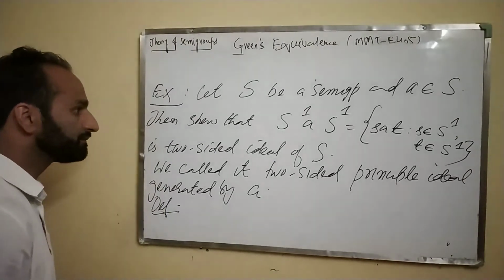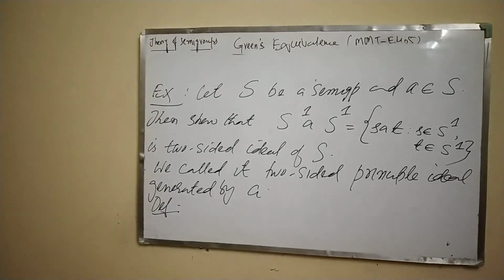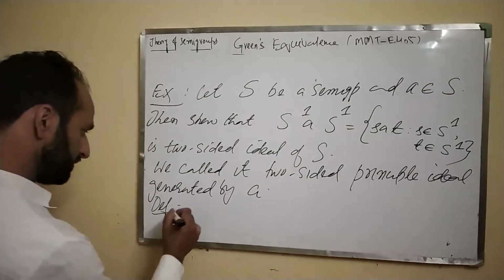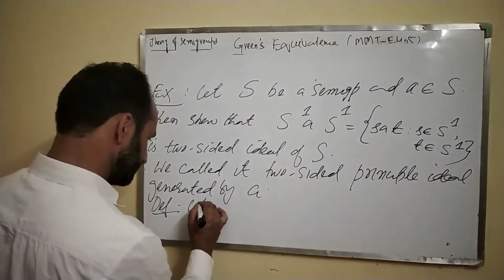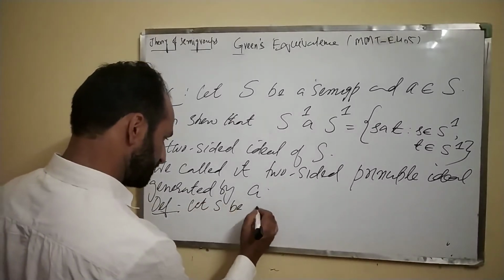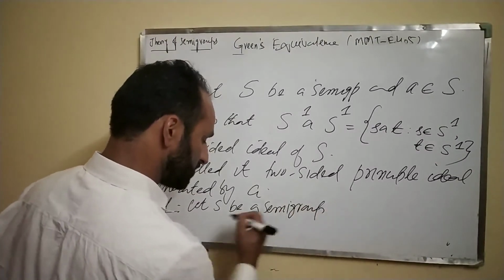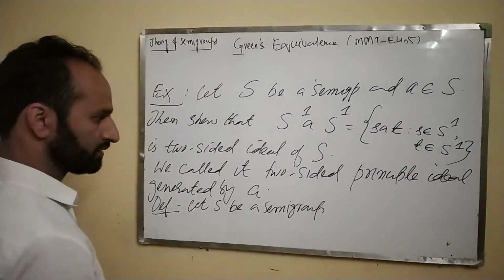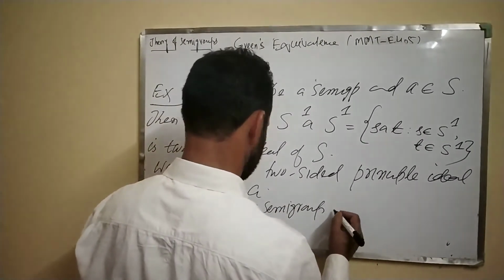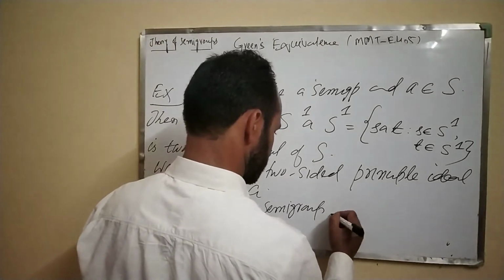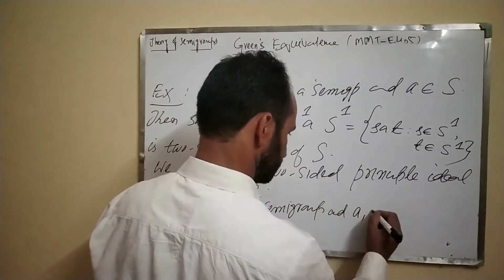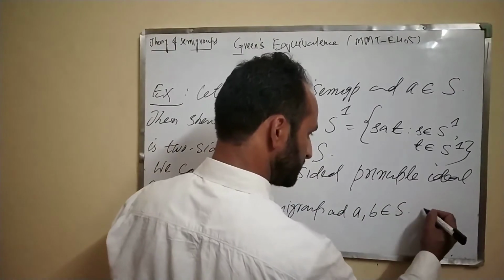Let S be a semigroup, and A, B belong to S.